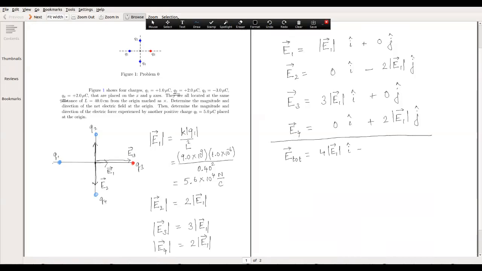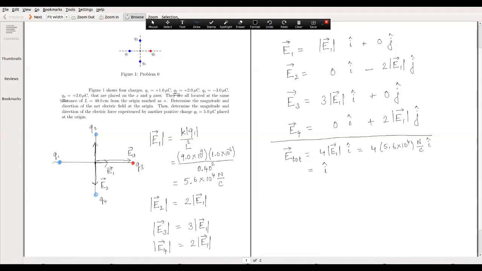That's equal to 4 times E1, which was 5.6 into 10 raised to 4 Newton per Coulomb, and it's now in the i hat direction.